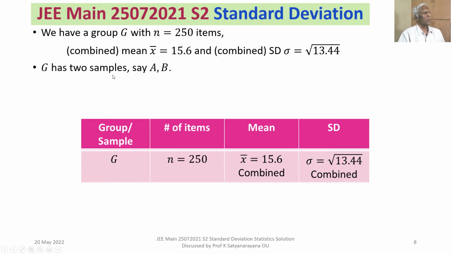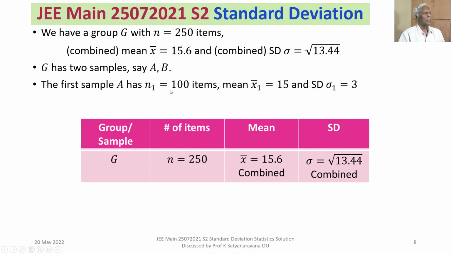G has two samples, say A and B. The first sample A has n1 is equal to 100 items, mean x1 bar is equal to 15 and standard deviation sigma 1 is equal to 3.